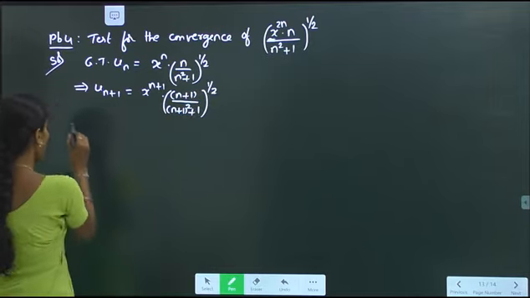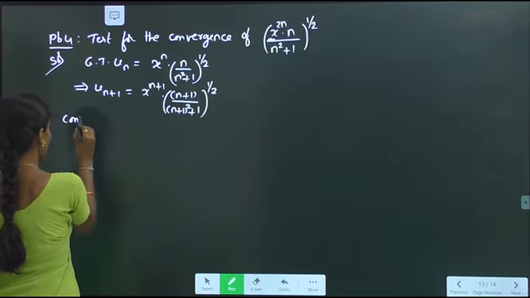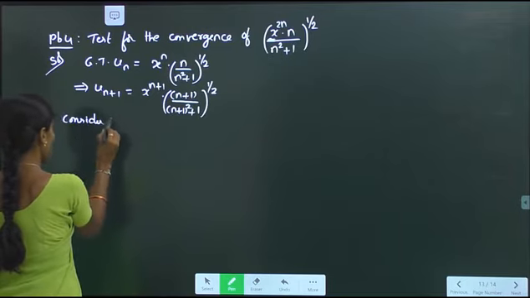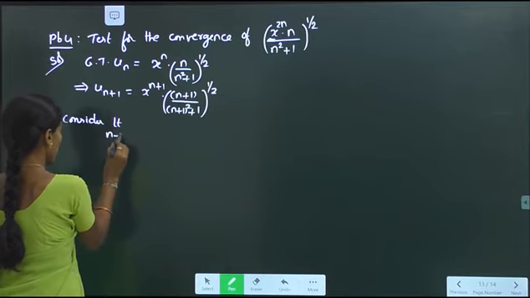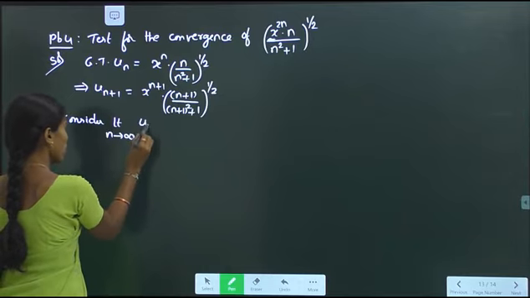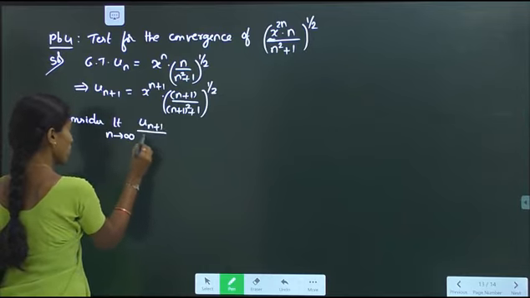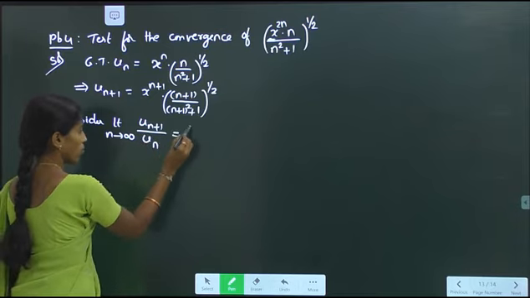Now consider limit n tends to infinity un plus 1 by un.